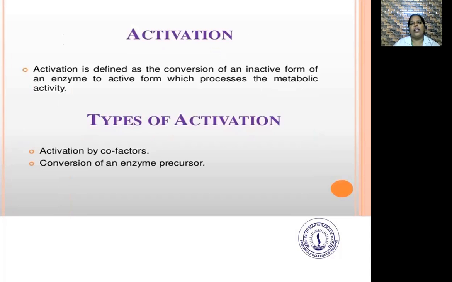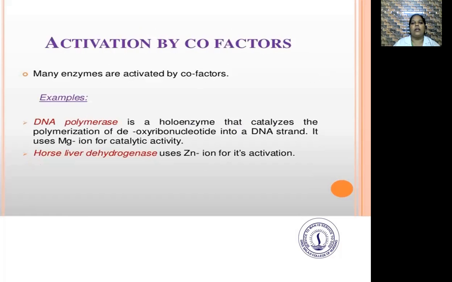Activation. Activation is defined as the conversion of an inactive form of an enzyme to an active form which possesses metabolic activity. Types of activation: activation by cofactors, and conversion of an enzyme precursor. Activation by cofactors: many enzymes are activated by cofactors.